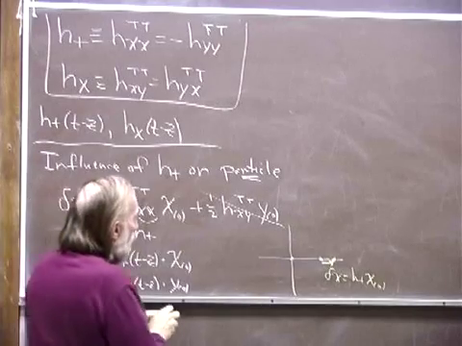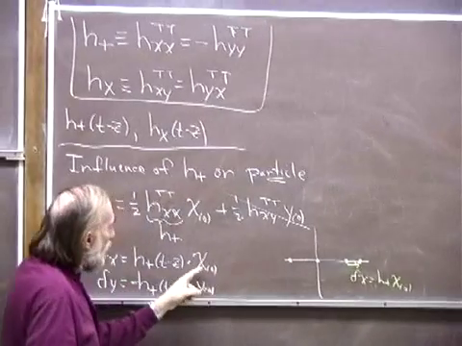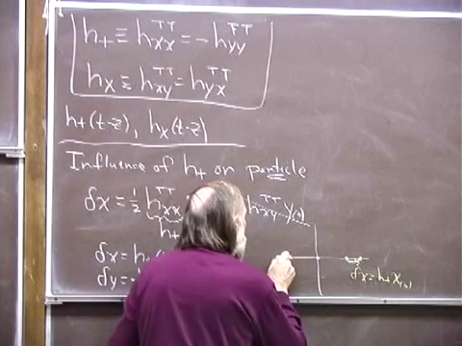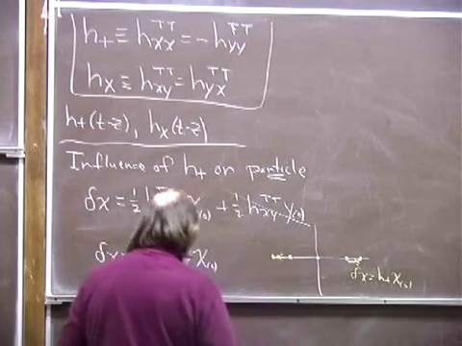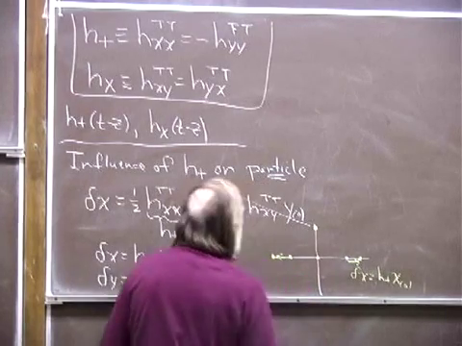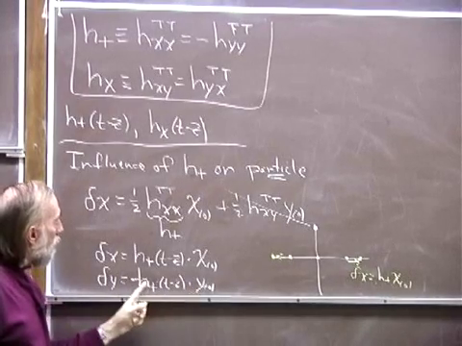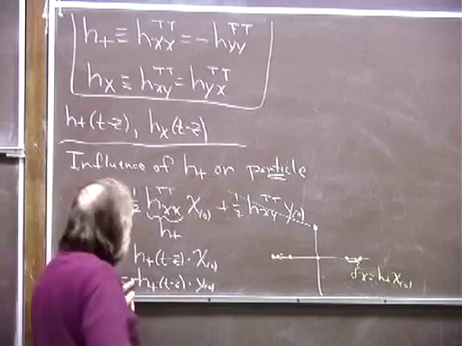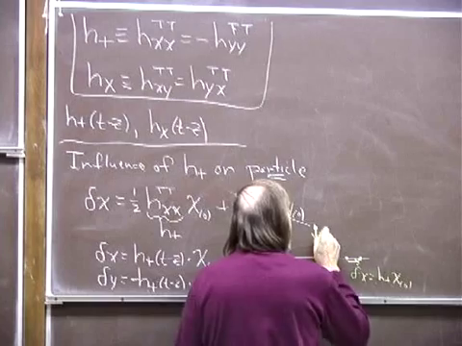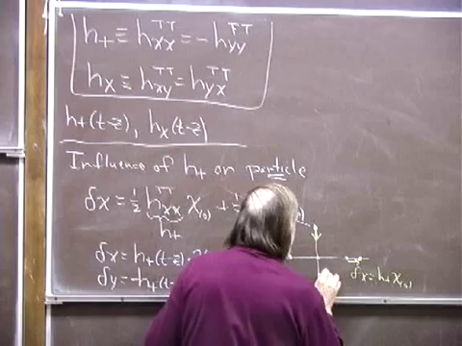If the particle was down here, then its initial x is negative, and so the displacement is negative, and the particle will move out to there. If the particle is initially up here, then it's at a positive y, and h plus is positive, and so it moves with a delta y that's negative, so it moves down like this. And if the particle is initially down here, then similarly it moves up.